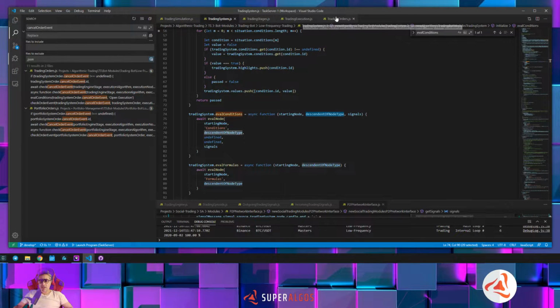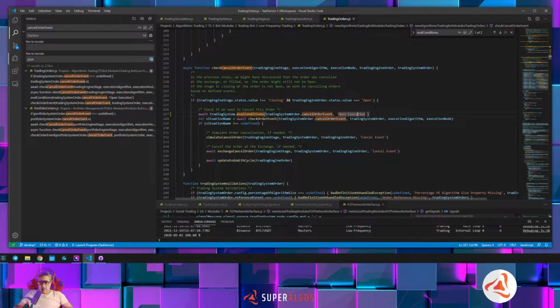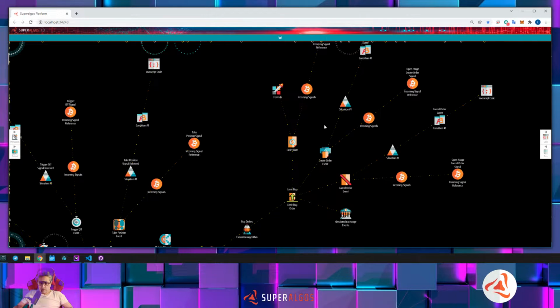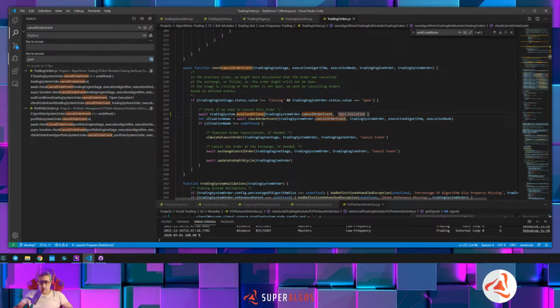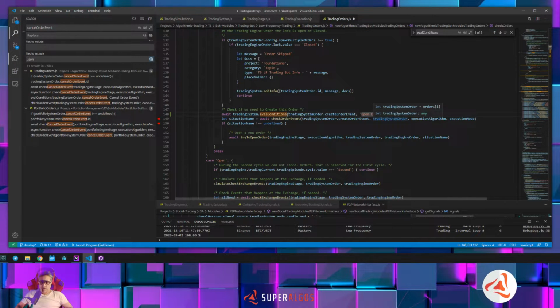In our case, the node type would be, well, the same node type that we are sending: create order event in one case, and in this case cancel order event. Cancel order event, and in the first case create order event.